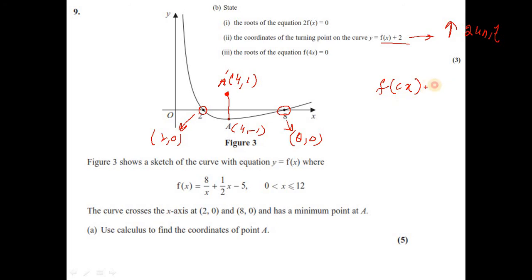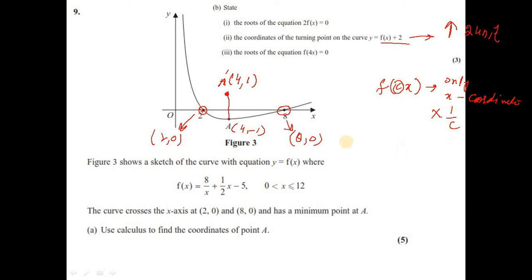In this case, only x coordinates are multiplied by 1 upon c. Whatever the number is, you take the reciprocal and multiply it with the x coordinate.